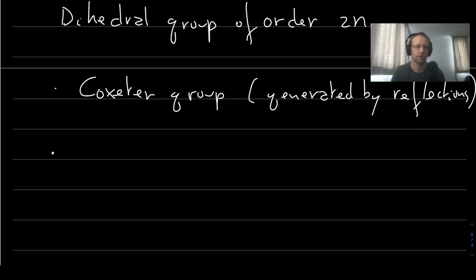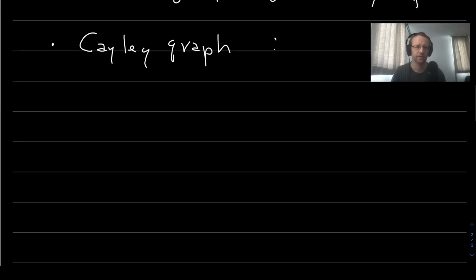Moreover, we can draw its Cayley graph, indicating the order of various group elements. So for instance, for D8, we would have the identity element, and then we had a cycle of order 4 for the rotations by 90 degrees of the square.